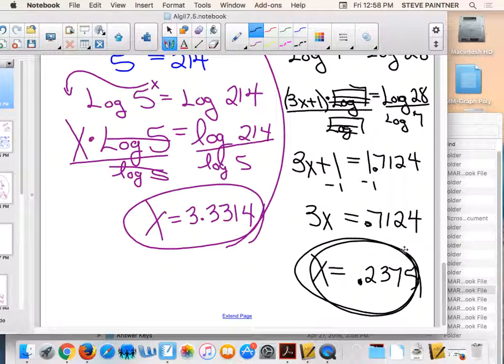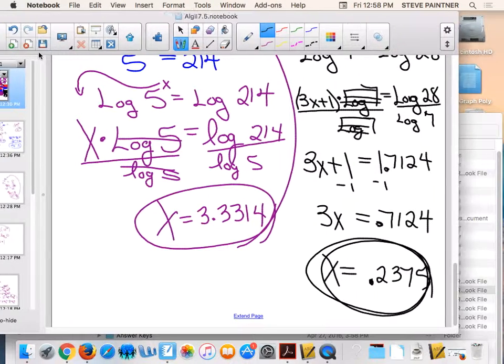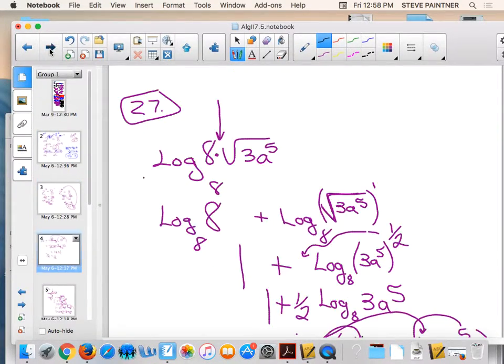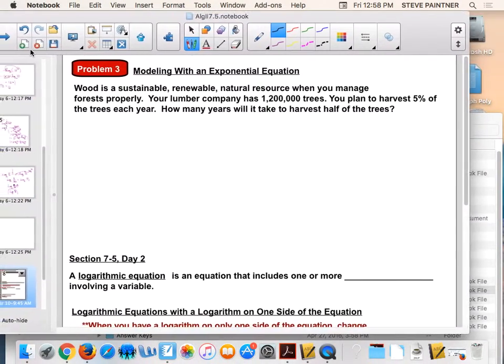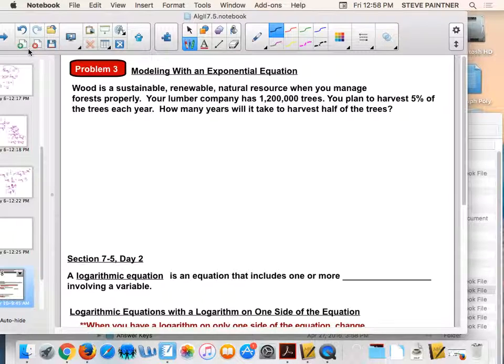I mean, that's half the battle, or better. Hint, hint, this is an exponential chapter.